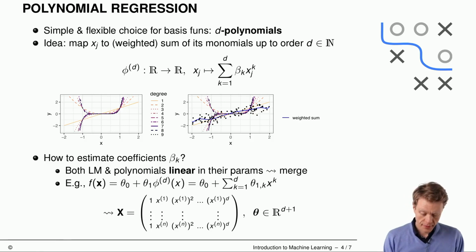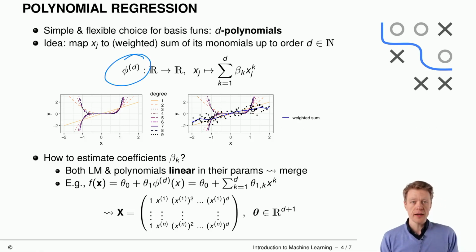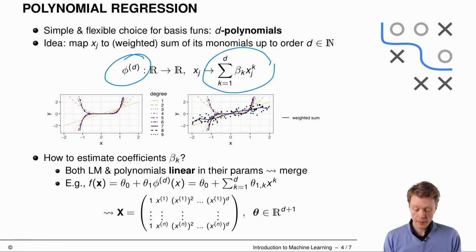This means that for those functions phi, we don't use just any function there is, but we use polynomials. Okay? So a polynomial is just a weighted sum of the monomials. So we have beta k times x to the power of k, and we sum over all different possible monomials up to order d, and d of course is a natural number.